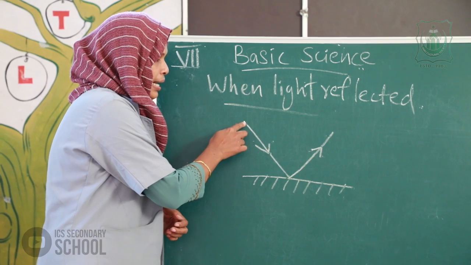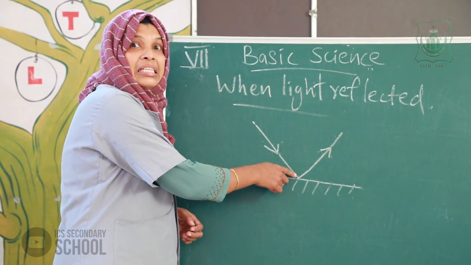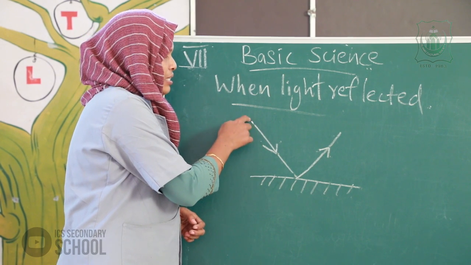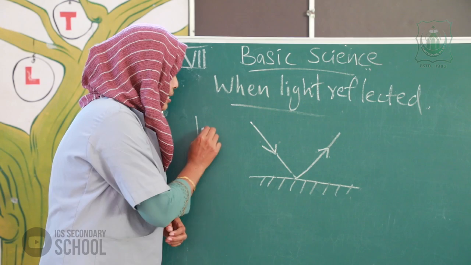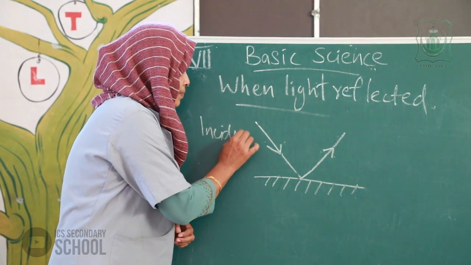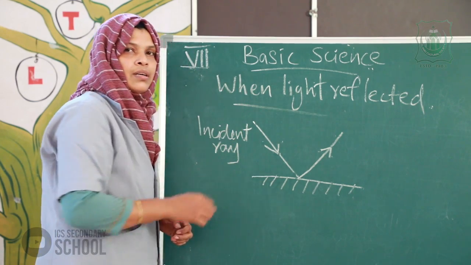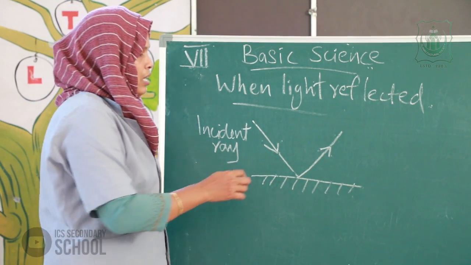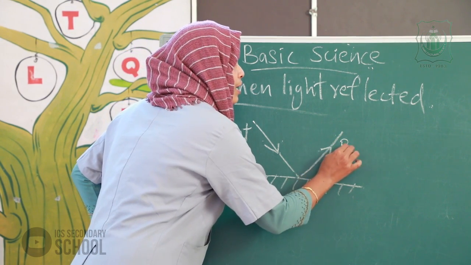The light ray that falls on the mirror is called the incident ray. The light ray reflected from the mirror is called the reflected ray.